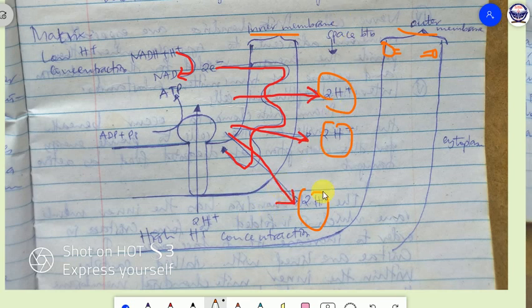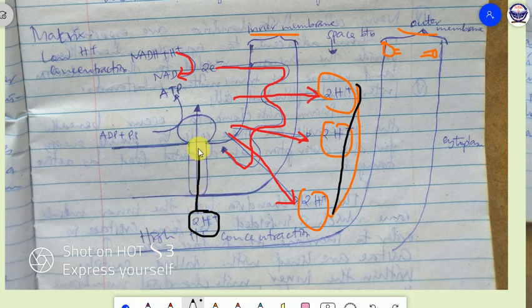From there maana tunakuwa tumegenerate nini? Very important for you to remember, tumegenerate hydrogen ions gradient. So tuna many hydrogen ions this side as compared to this side. So hii inner mitochondrial membrane ni impermeable to hydrogen. So maana hydrogen zina njia moja tu ya kupita kurudi kule, which is this one.